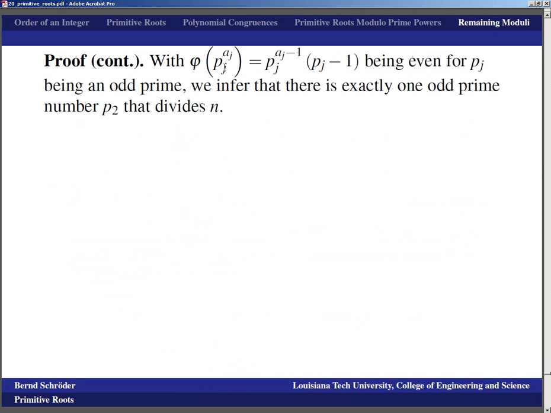And that means, because phi(pj^aj) is pj^(aj−1)(pj−1), that is even for pj being an odd prime.